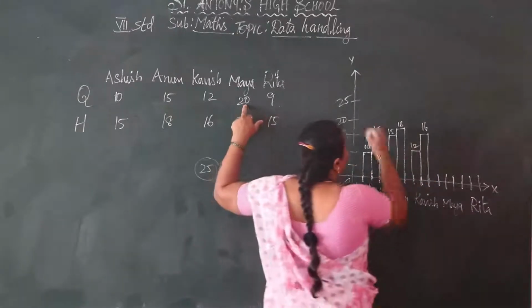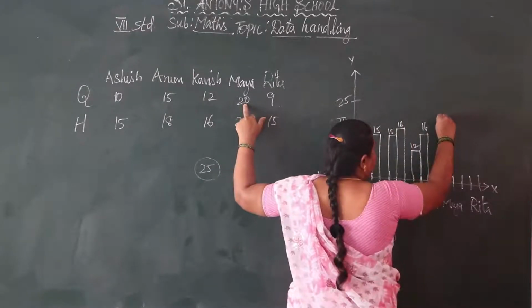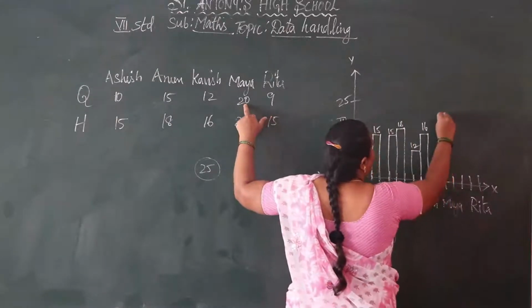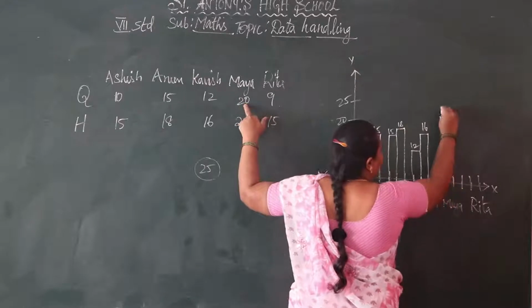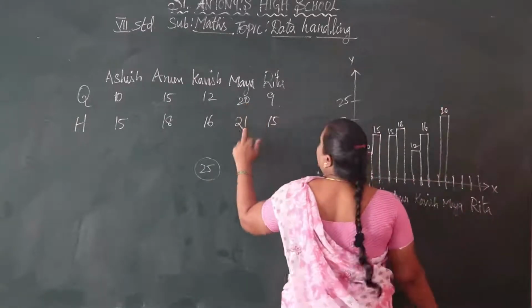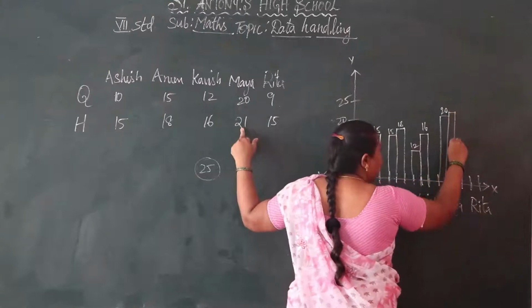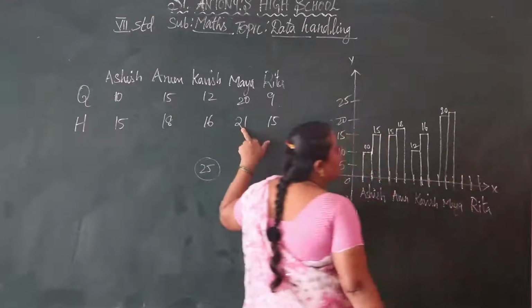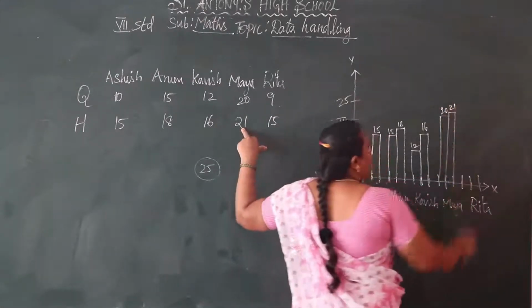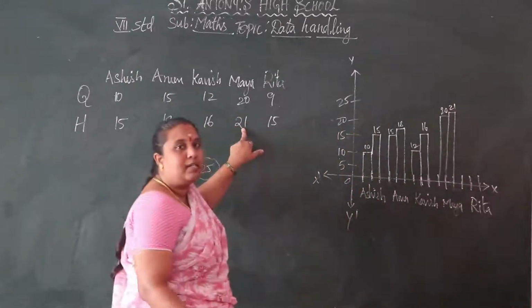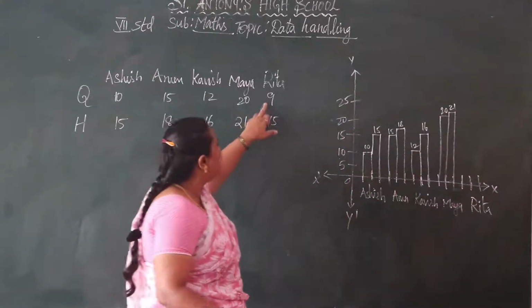And then Maya. Maya scored 20 in quarterly. In half-yearly, how much did she score? 21. 1 unit is more, 1 line is more. So this is 21. So Maya also scored 1 mark more than in quarterly. And Rita.